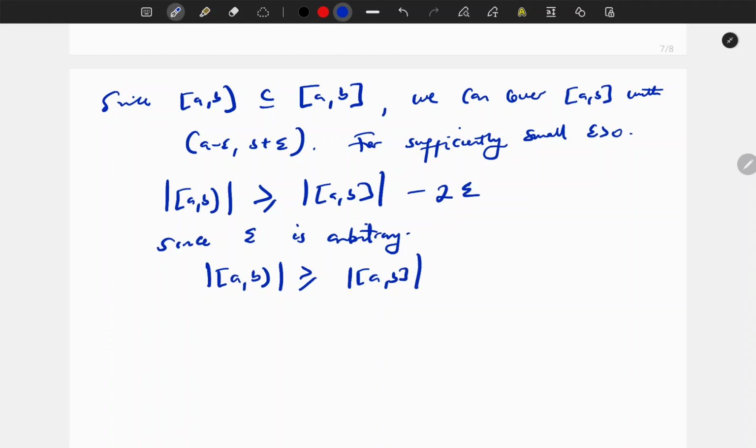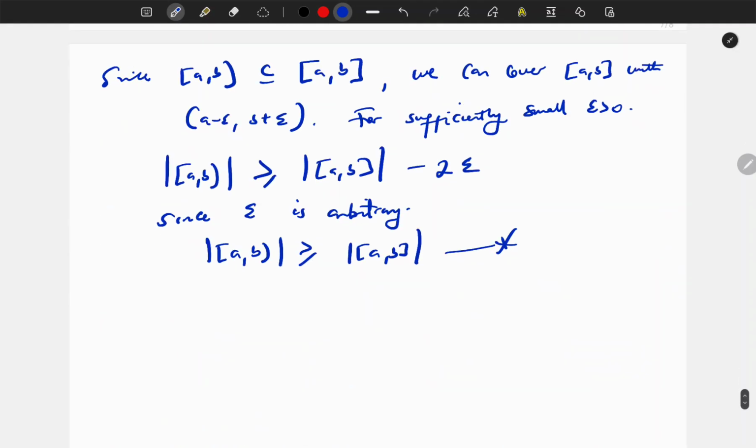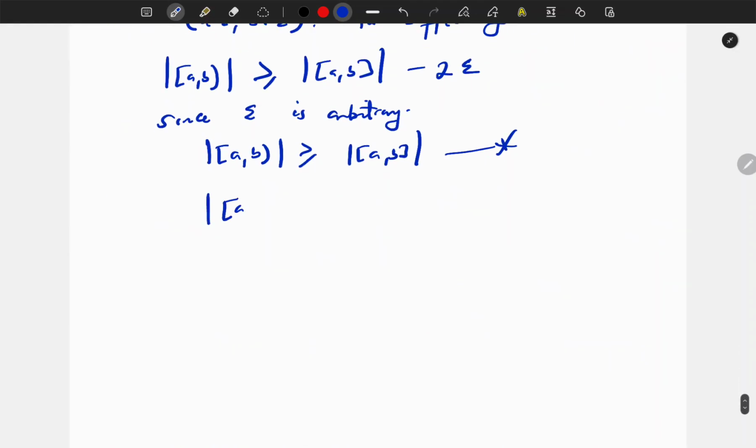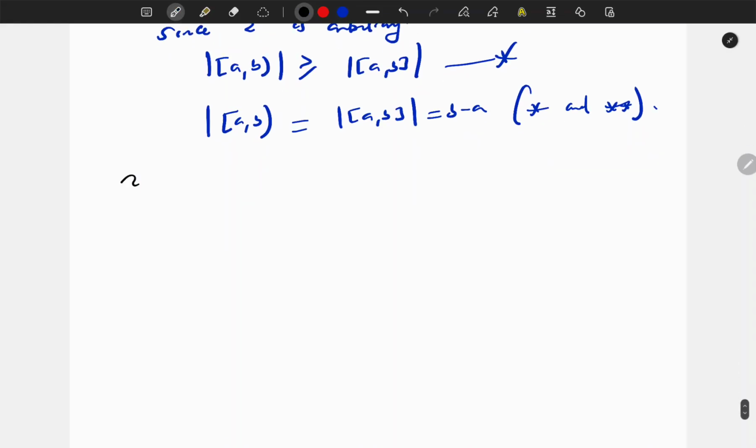So if you combine these two together, then you are done. They are all equal to b minus a.